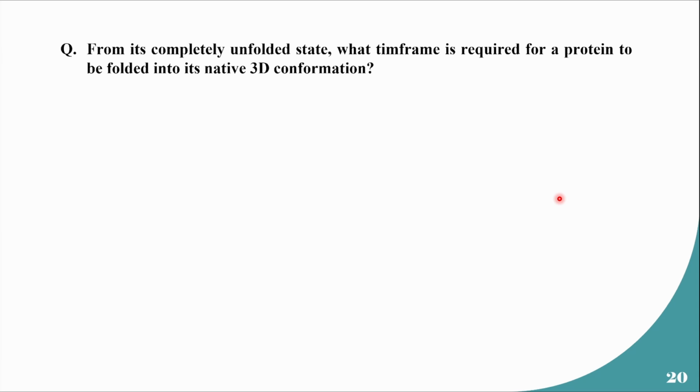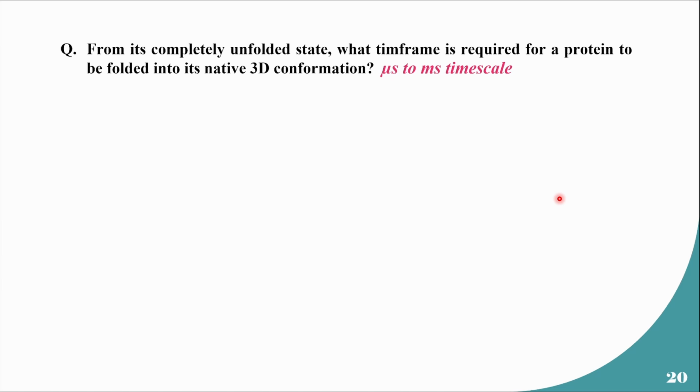To see changes in the folds of certain proteins, usually we are talking about a time scale of over microseconds. In this particular case, the answer would have been a microsecond to millisecond time scale. So the microsecond time scale is basically when you can start to see certain changes in the fold.